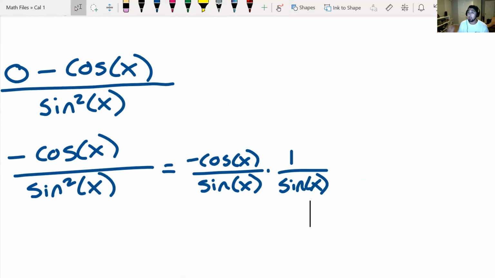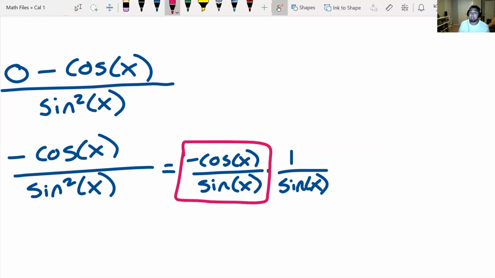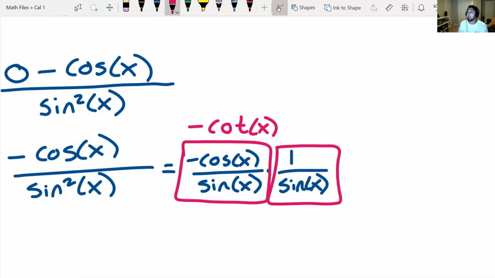The only thing we did is split up sine squared. And now, by identities, what does negative cosine over sine become? That becomes negative cotangent x. What does 1 over sine become?